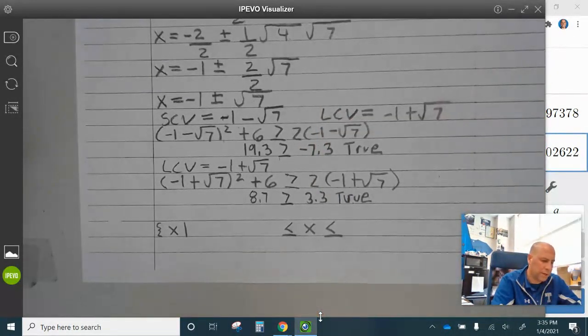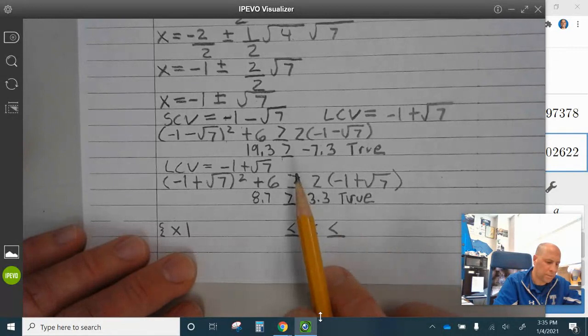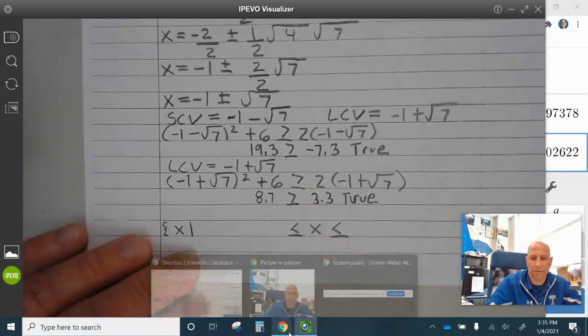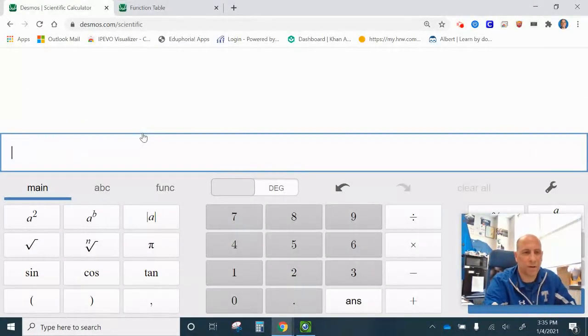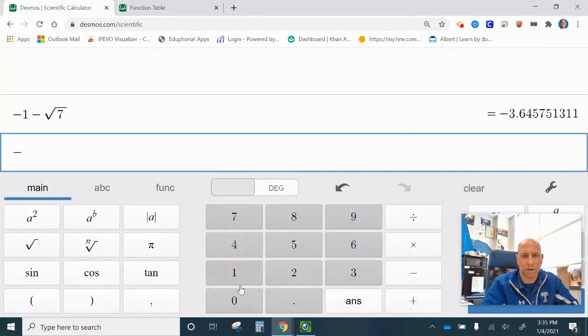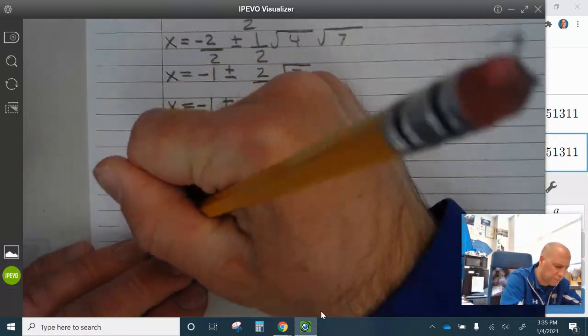And again, I believe we can test x equals 0. Let me go back over here and put in negative 1 minus the square root of 7 and negative 1 plus the square root of 7. Yes, 0 is between these numbers, so we can test at 0. So x equals 0.